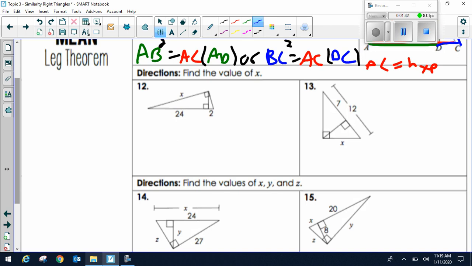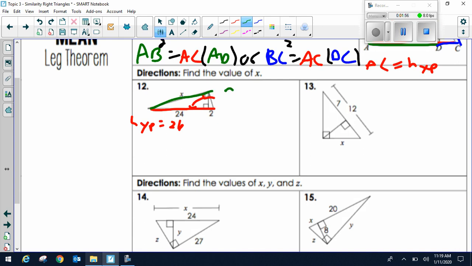Okay, so the first thing we identify is where's the right angle on the outside big triangle. That would be right here, which tells me over here this whole side is my hypotenuse. And so my hypotenuse, when you add those two numbers together, is 26 units. So the only thing that's not a part of that red line is this right here.